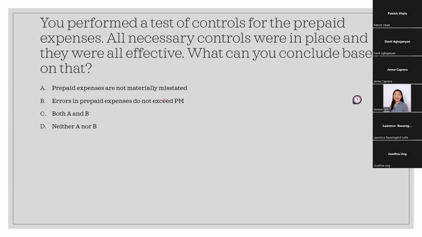Yeah, exactly. So you can never guarantee it, and usually there could be some management overrides, something like that. So you can't say for sure. And does it say anything about operating effectively? Not really. So that's why it would be neither A or B. Okay.